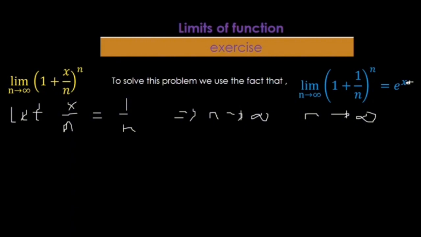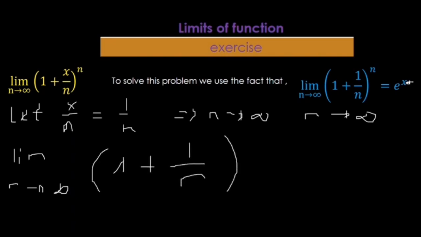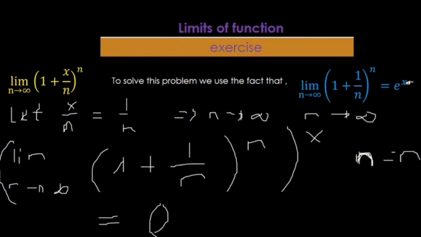That will be equal to the limit as m tends to infinity of 1 plus 1 all over m, all to the power what? m, all that times x. Since n is equal to what? mx. From here we just have to cross multiply.